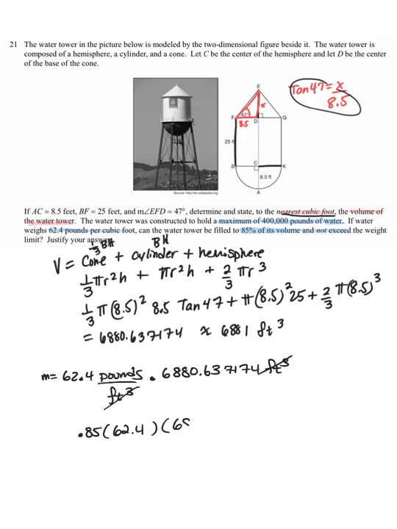I need to compare this to the 400,000 to make sure it's not over. This cannot be greater than 400,000. So I'm comparing this, 400,000. All right? This cannot exceed the weight limit. So it has to be less than or equal to it.